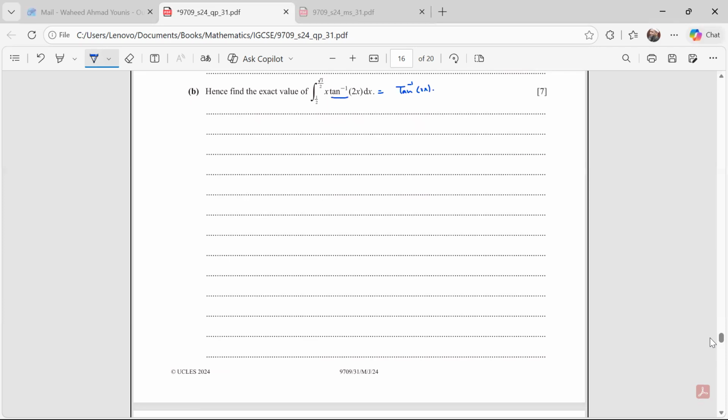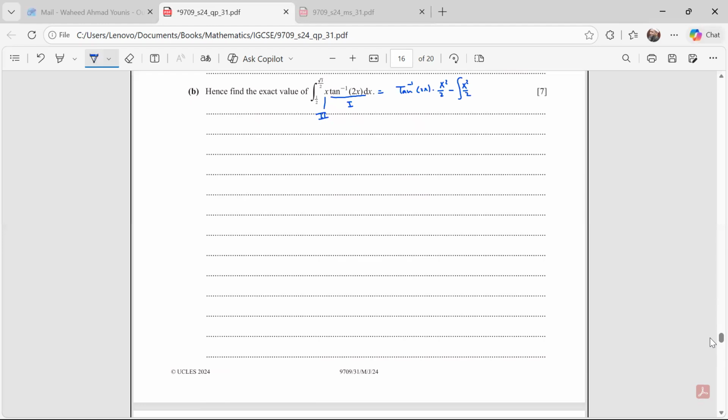I'm calling this part my first function, and this my second function. The integral of x is x squared by 2, minus the integral of the second function, x squared by 2, into the derivative of the first function.